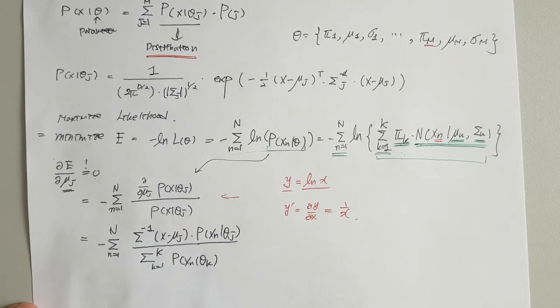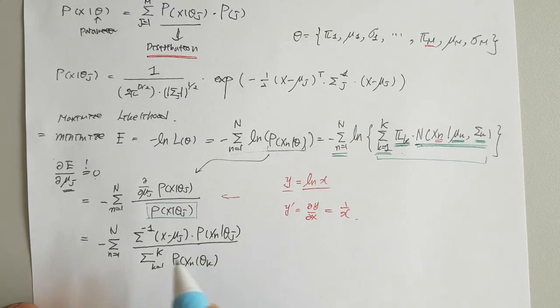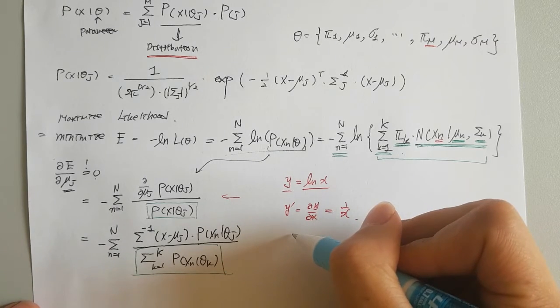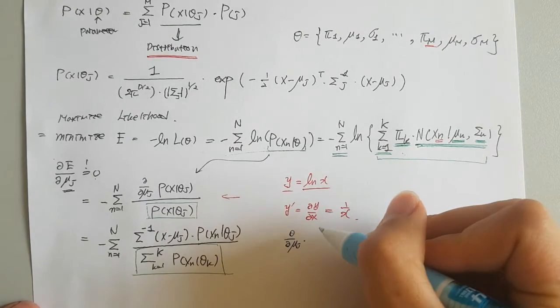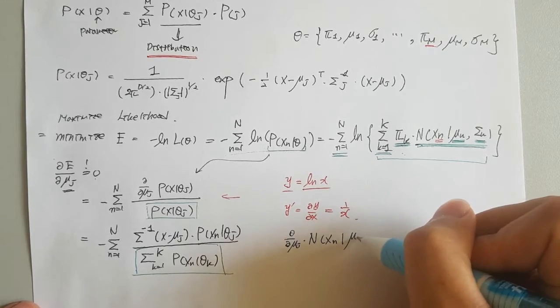Obviously this total probability is represented like this, because the total probability is the sum of each of these probabilities. And for those who don't know the derivative of the normal distribution, it can be explained like this.